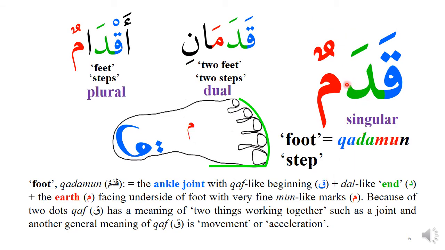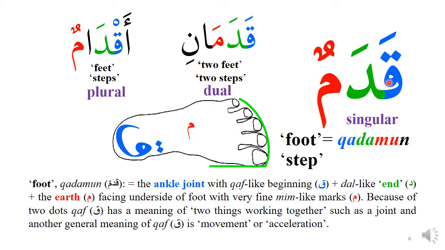Then Qadam, I have already discussed this, that it means a foot or a step, and it has many meanings actually at several levels. I've already shown you that Qof looks like the end part of the foot, right? This part of the Qof, and then the front part of the foot looks like Dal, and of course Mim means earth, that our foot is in contact with the earth.